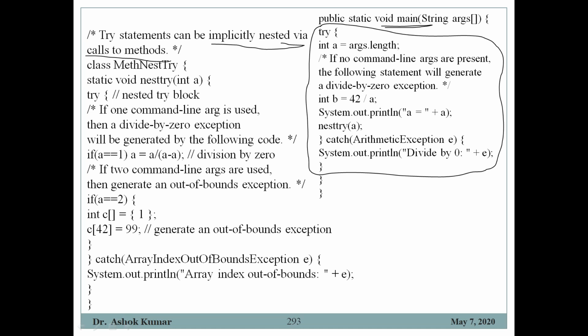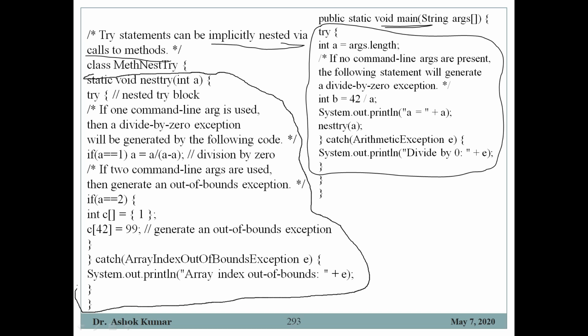And we have one method that is there. I'm going to draw the boundary of that method also. This is the method nestTry, and this method ends here. This is the end of the method.